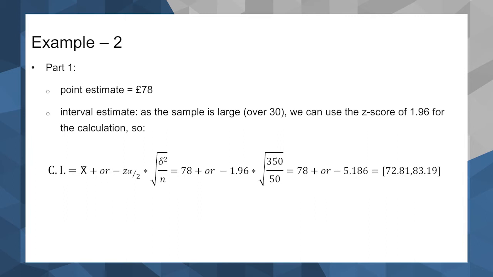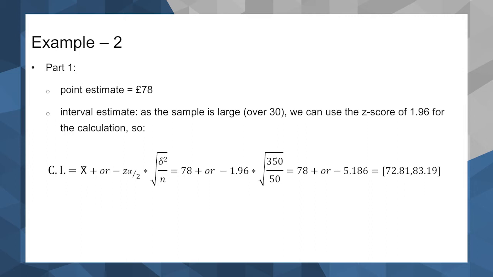So in that case, we take the formula: 78 is the sample mean, plus or minus the z-score for a 95% confidence level, which we saw was 1.96, as I explained briefly earlier, times the standard error, which is the square root of the variance, 350 for the sample, over n, the sample size of 50.